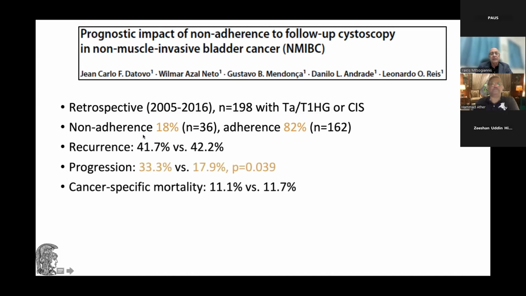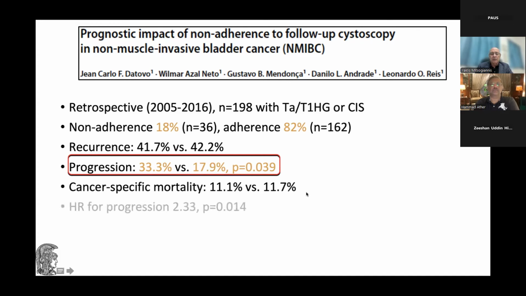The recurrence rate was similar. The cancer-specific mortality rate was similar, but the progression rate differed significantly between the two groups. It was 33% in the non-adherence group versus 18% in the adherence group. So the authors concluded that the hazard ratio was about 2.3.